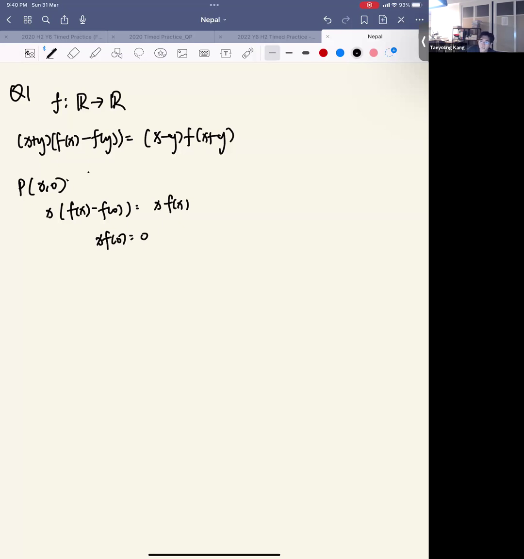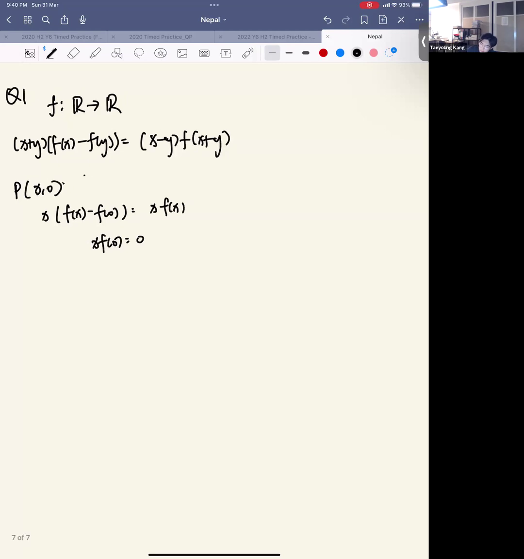Now if you just simply choose any x, it implies that f(0) is equal to 0. So we have f(0) equals 0 as was suggested, which is very helpful.